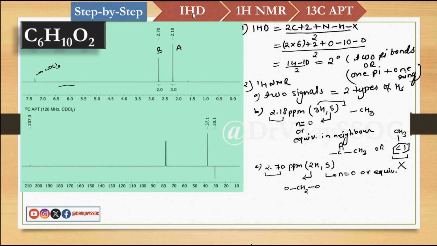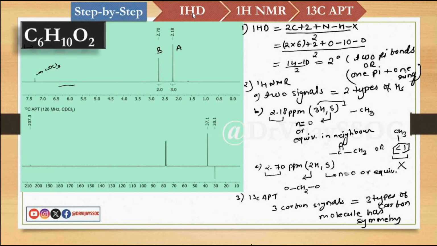Now from the carbon NMR, in the 13C APT NMR there are 3 carbon signals, right? So this indicates that there are 3 types of carbon, but if you see the molecular structure, there are 6 carbons. So it means the molecule has symmetry, and 3 carbons are equivalent to the others.